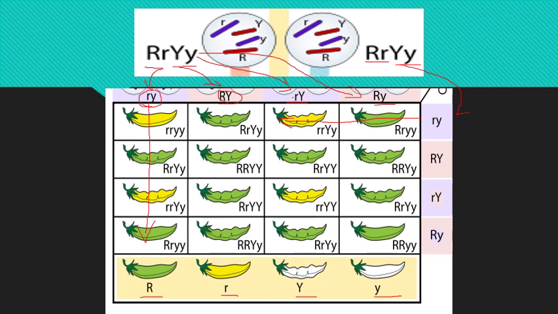So here you will have a smooth yellow pea. Here you will have a bumpy green pea. Here you have a bumpy yellow pea. And here you have a smooth green pea. So as you can see, instead of just having one trait, you've got two that you're considering, but the same technique is used.